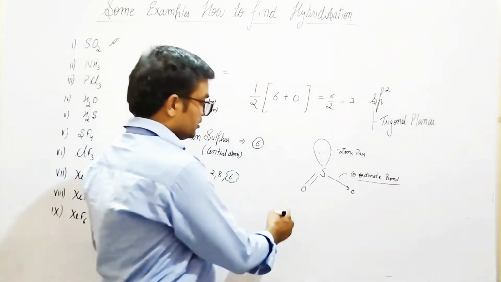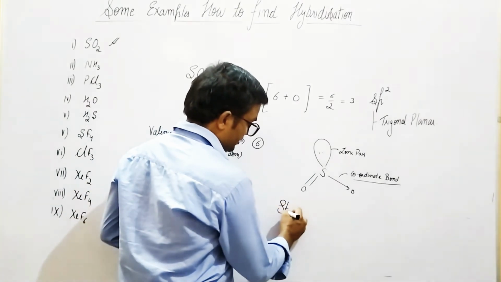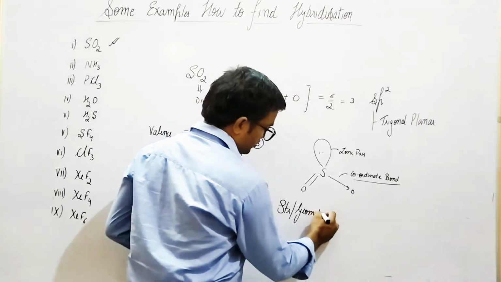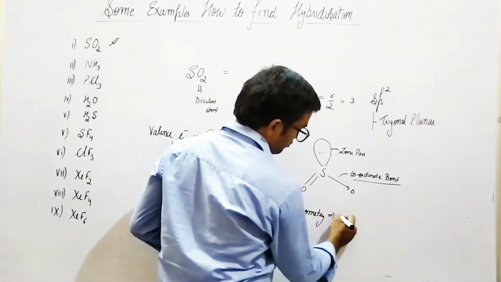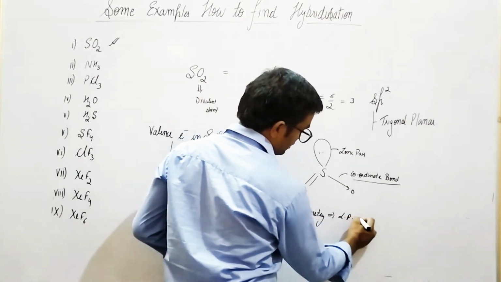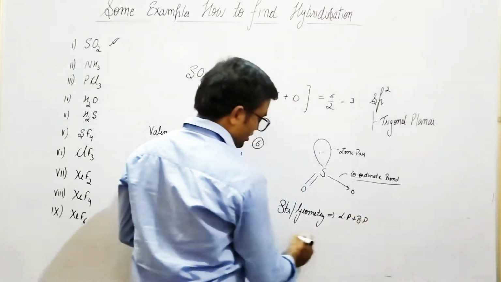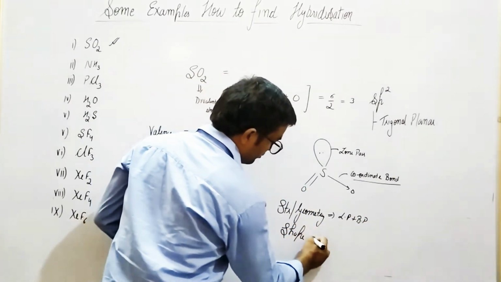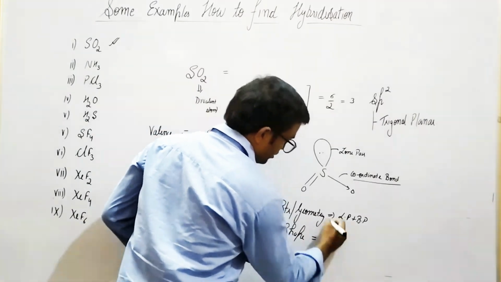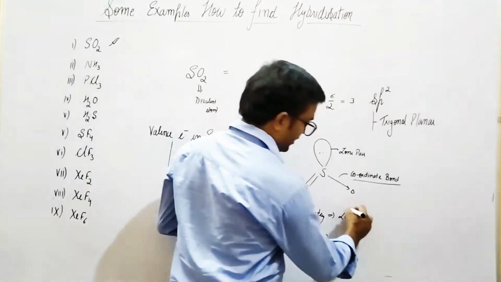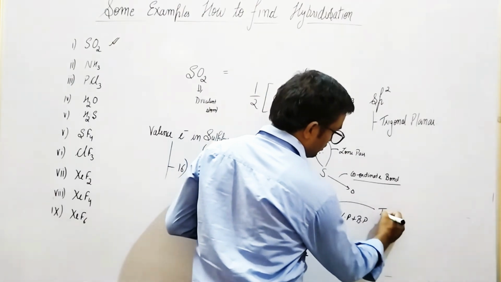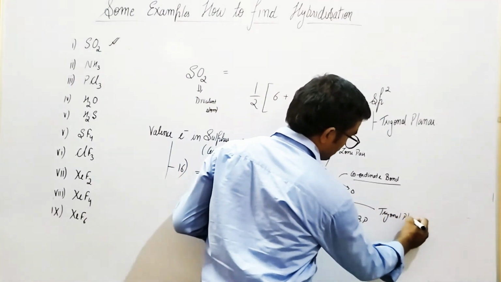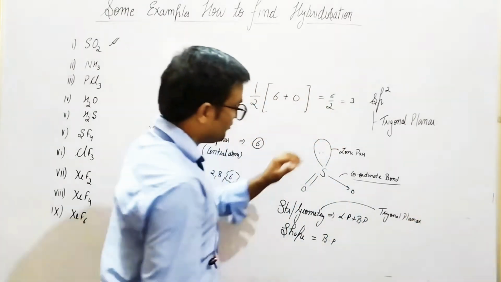So see, structure and geometry are determined by the combination of lone pair plus bond pair, but the shape of the molecule is determined only by bond pair. Hence its structure and geometry is trigonal planar, as we discussed before, but its shape will be like this.